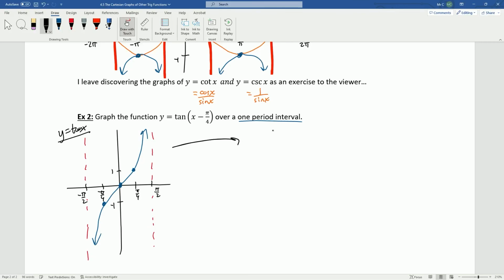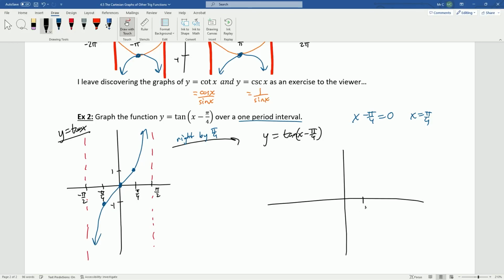And so if I want to shift this to y equals tangent of x minus pi over 4, if I take x minus pi over 4, set it equal to 0, and solve it, I get x equals pi over 4. So this is a shift right by pi over 4. So I just take my graph. That should have said pi over 2, not pi over 3. So anywhere I had an asymptote, that should move over.